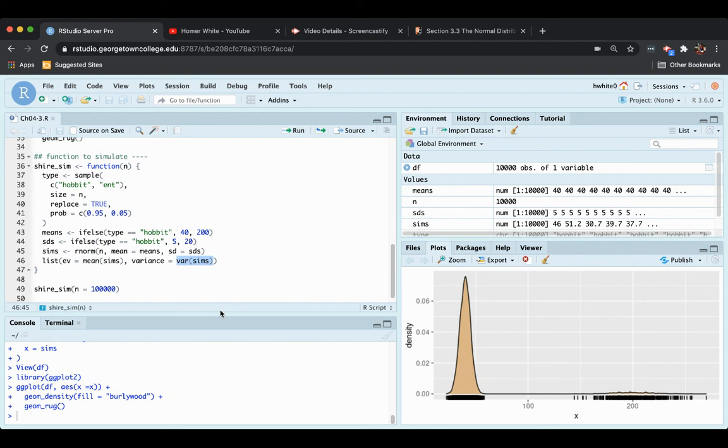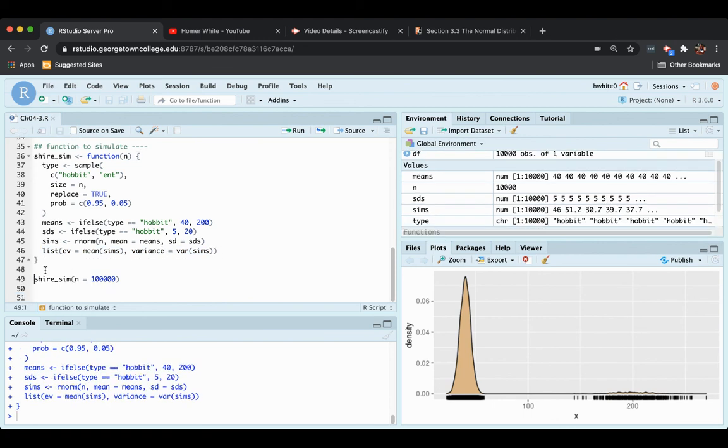And it's intended to estimate the variance of the distribution those numbers come from. So I won't talk about how var works yet. That's going to be a chapter 5 discussion. But I am going to return those two numbers. The first one I'm going to call EV, and the second number I'm going to call variance. And they're going to come as two numbers in a list. And so I'll go ahead and define that function.